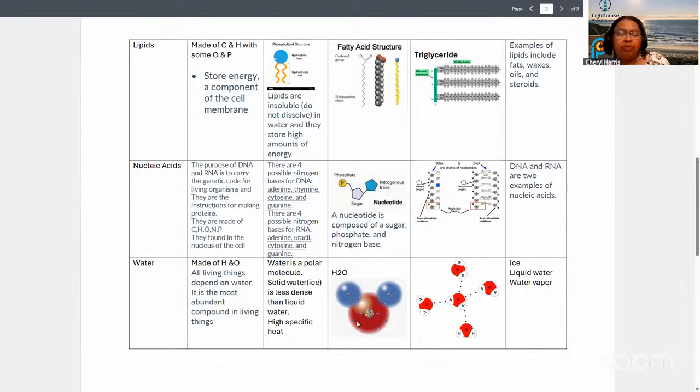If we're looking at a thermometer, and you're more familiar with Fahrenheit, room temperature is about 65 degrees, and our body temperature is 98 degrees. Water boils, and we can't go from being liquid water to water vapor until we get to 212 degrees. So that's a big gap. It's going to take a long time for it to change from a liquid to a gas.